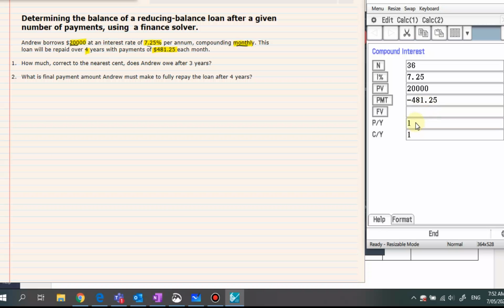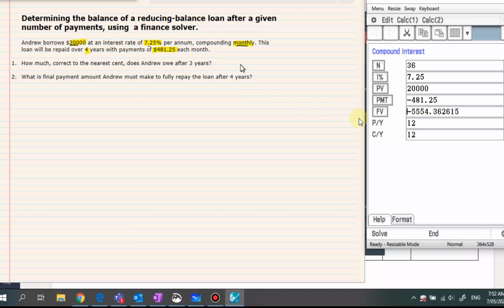And that's 12 and 12. So payments a year are 12 because they're monthly. These will pretty much always be the same. Compounding periods a year is 12 as well. All right, pop up here and solve. And that is the future value of the loan.